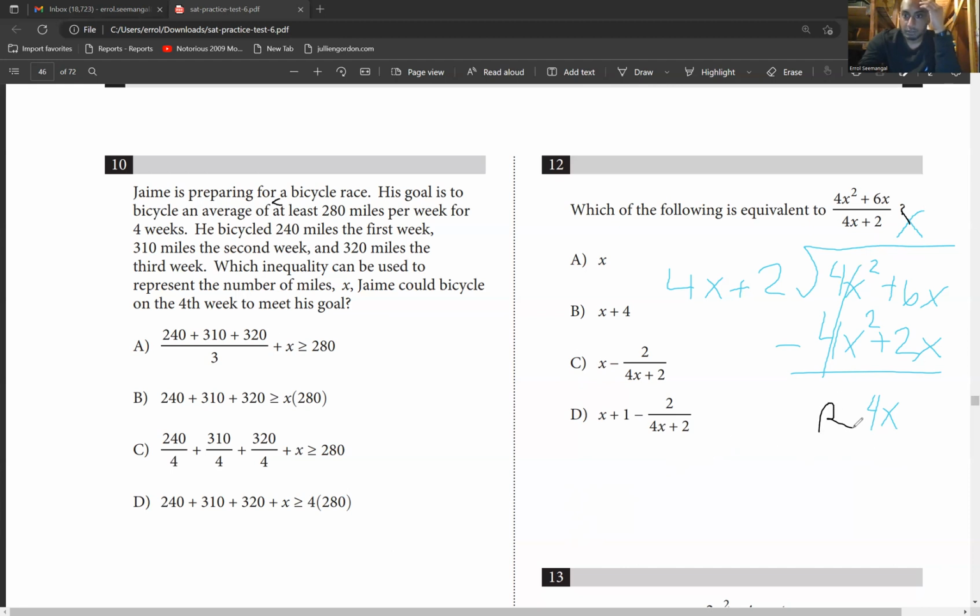The remainder would be over this, if I remember correctly. Yes. So why is it minus though? Wouldn't it have to be plus? Why would it be plus? I'm not sure, but I don't know how you would get negative. Yeah, me neither.